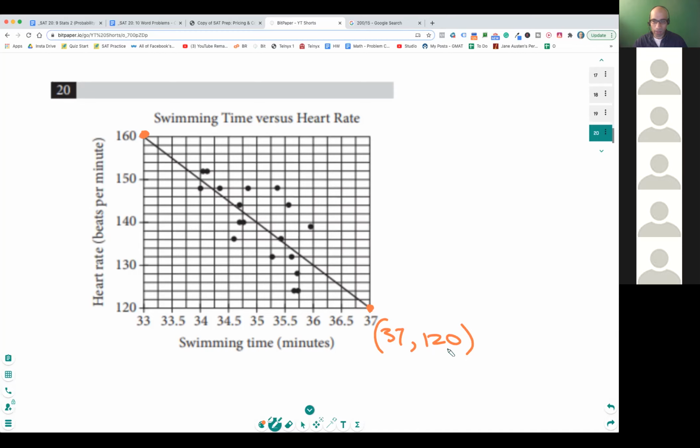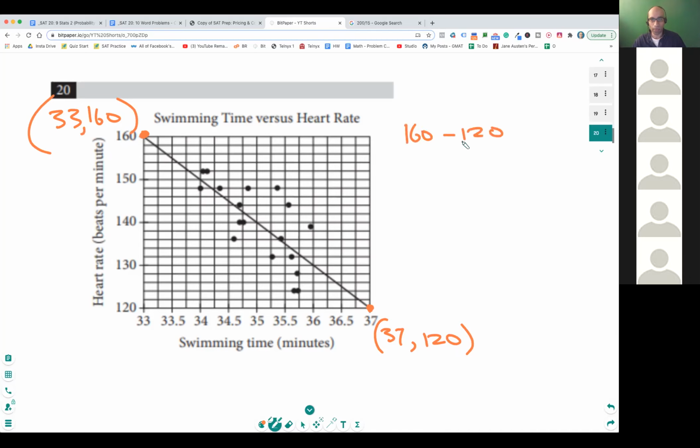I've got 37 comma 120, and then I've got 33 comma 160. So you've got these two numbers, and try to calculate. Here's my calculator. Super easy to calculate actually. So try to find the slope of this. So how do you do it?